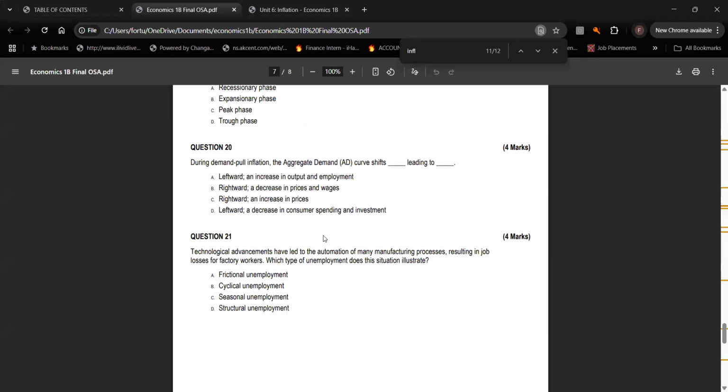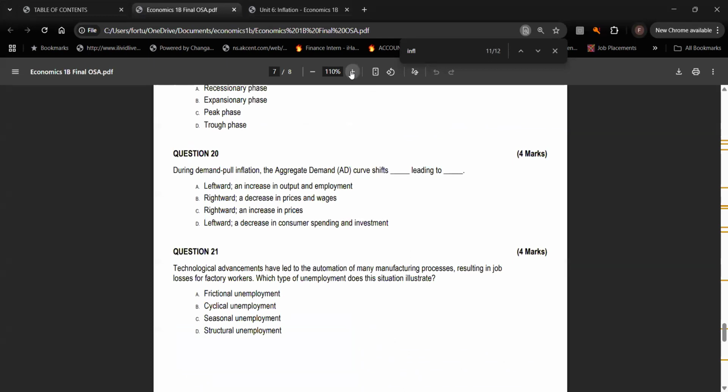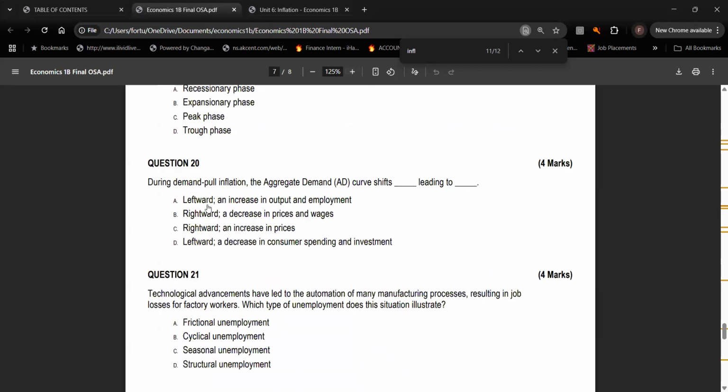So today I have one question for you. I think this one should be easy. This is question number 20, from the same question paper that we're looking at. During demand pull inflation, the aggregate demand curve shifts dash, leading to dash.